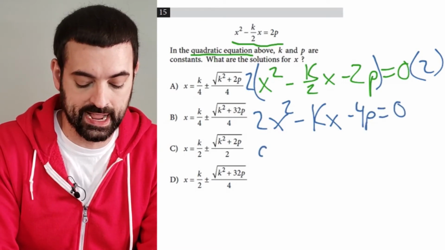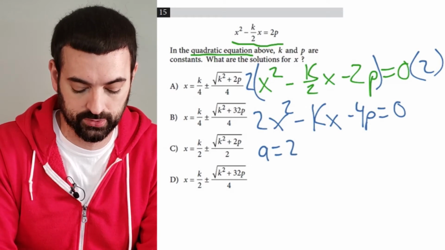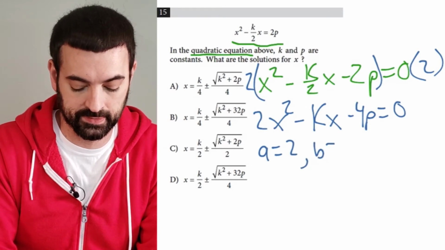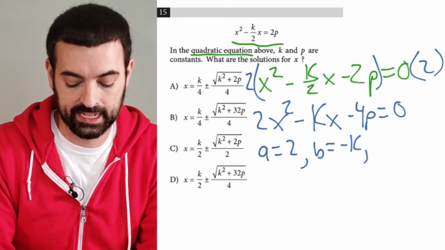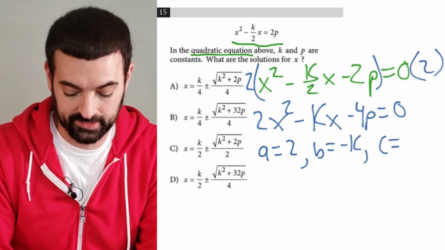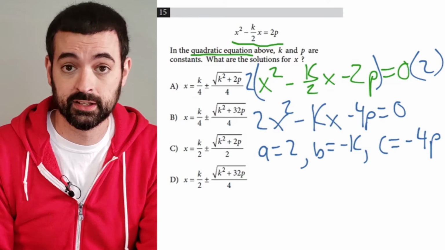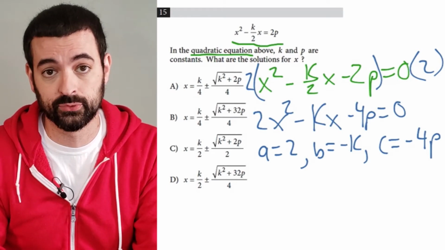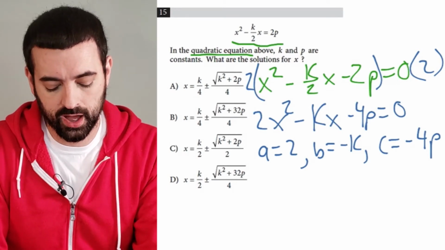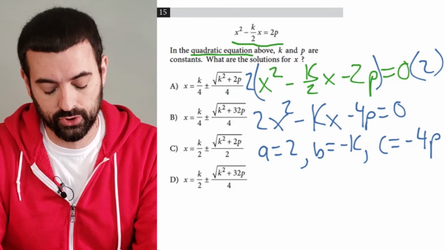I know that my a term is 2, my b term is negative k, and my c term is negative 4p. Even though c is a constant, my c term is negative 4p. Let's throw these values into the quadratic formula.